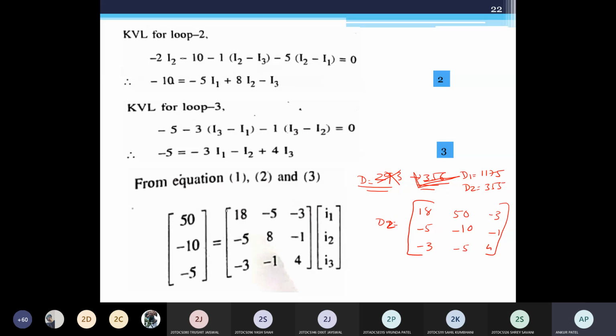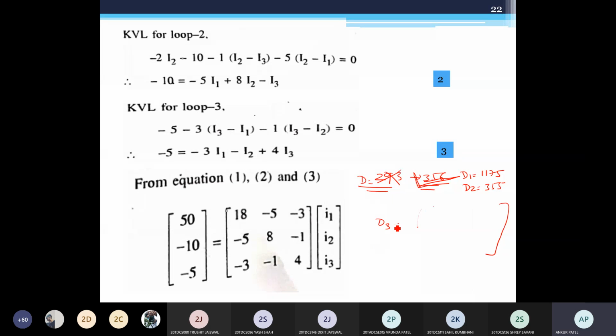Now go for D3. Just change the matrix. So your D3 matrix becomes like this: 18, minus 5, minus 3, minus 5, 8, minus 1, 50, minus 10, and minus 5.